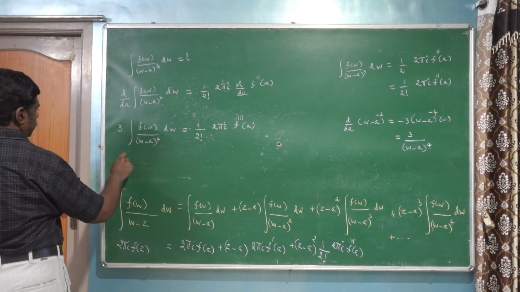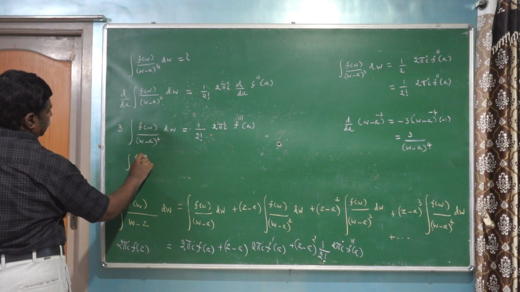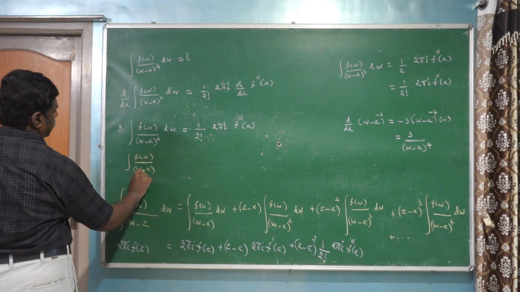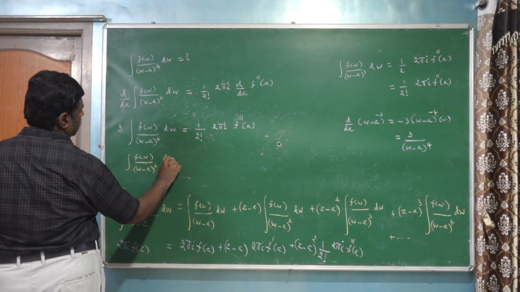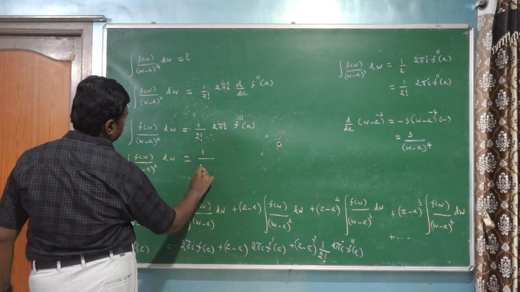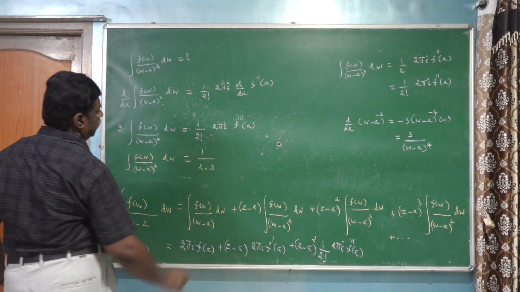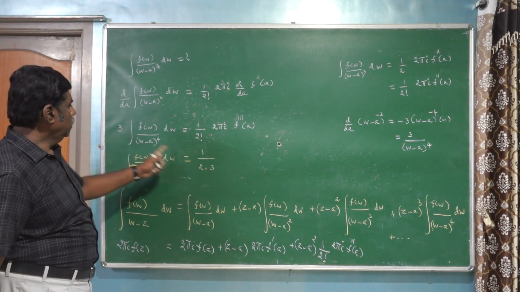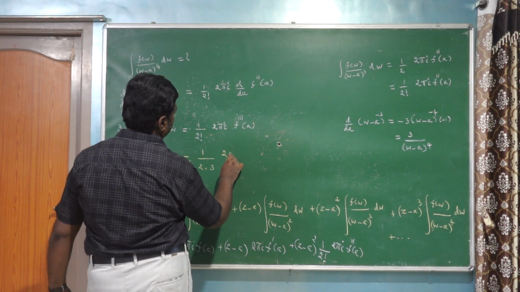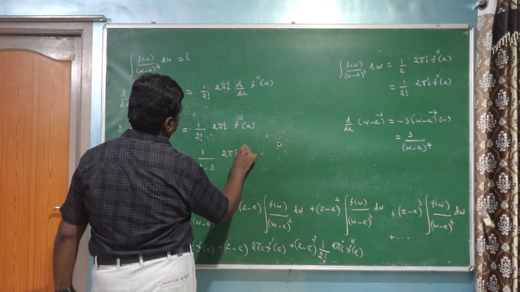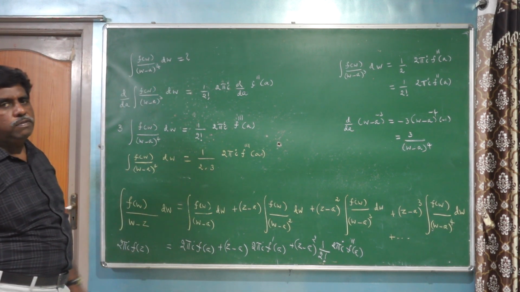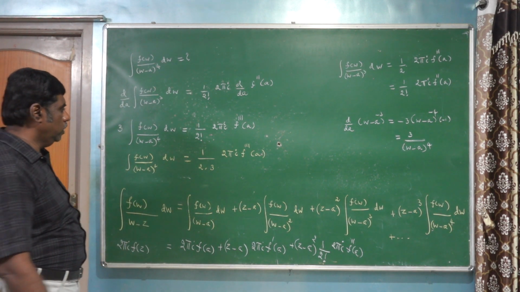Now the integral of f of w divided by (w minus a) power 4 dw is equal to 1 divided by 2 dot 3, since 2 factorial is 2 and then this 3 comes here, times 2 pi i f triple dash of a. Actually 2 dot 3 is 6, and 6 is 3 factorial.